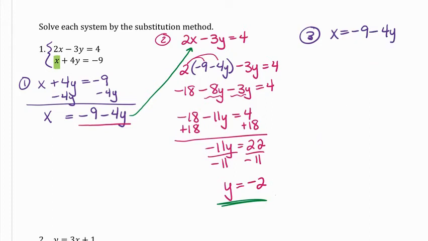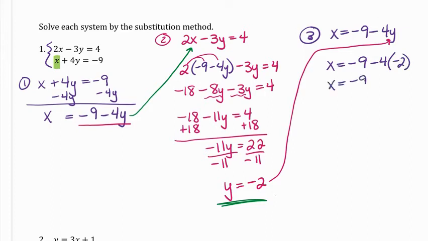So x equals -9 minus 4, and now we can plug in -2 for y. So -9, -4 times -2 would make +8, and then -9 plus 8 gives us -1. So there's the other half of our answer.